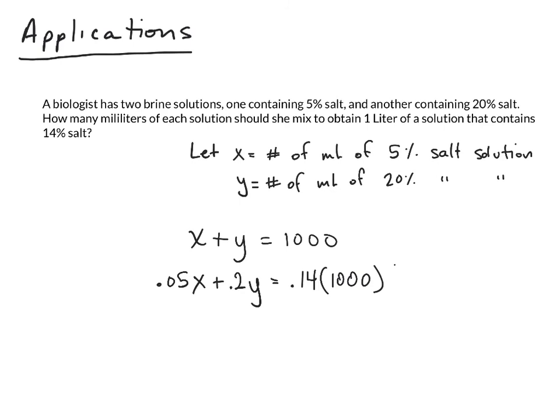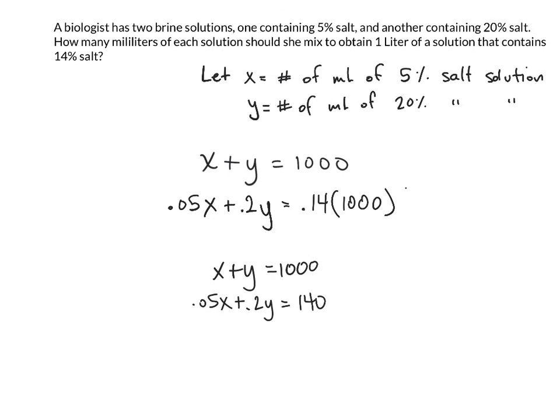And to simplify this here, I'm going to go through a few steps. x plus y equals 1,000, and we have 0.05x plus 0.2y equals 140. I'm actually going to multiply this equation by 100 again, because that's going to move the decimal spot 2 to the right.